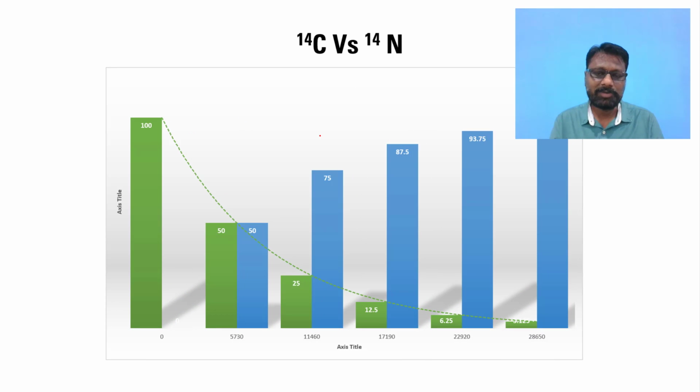Now, when we look into that, we all know that C14, by liberating a beta particle, gets converted back to nitrogen. So in this way, after 5700 years, you will see the C14 will get converted into N14, 50%.